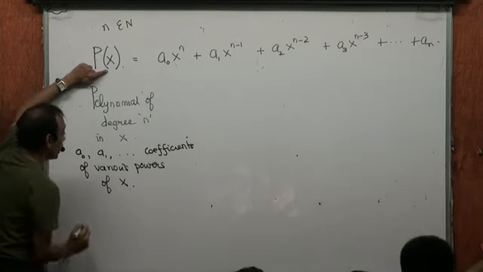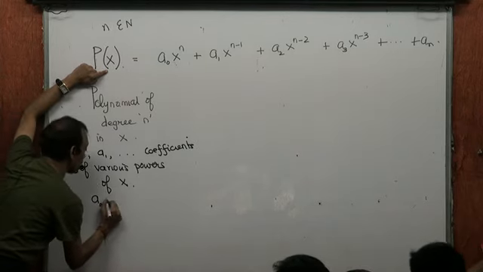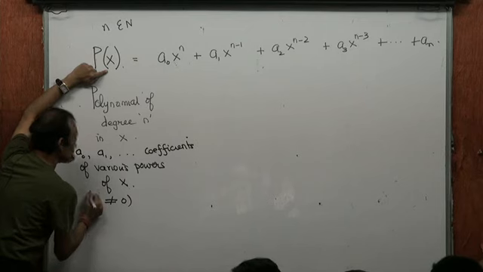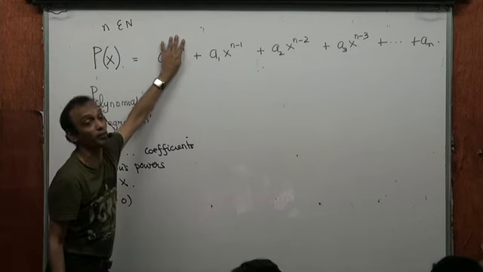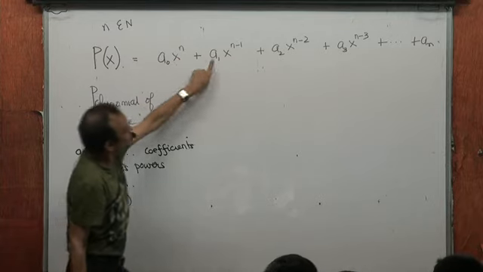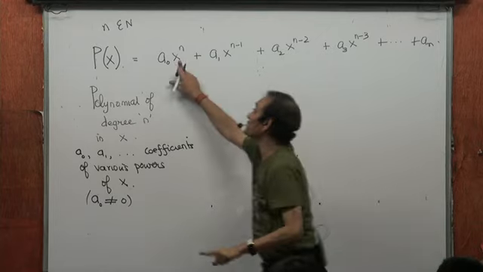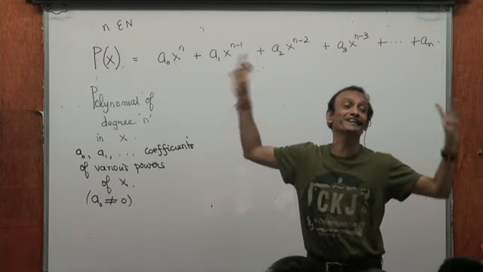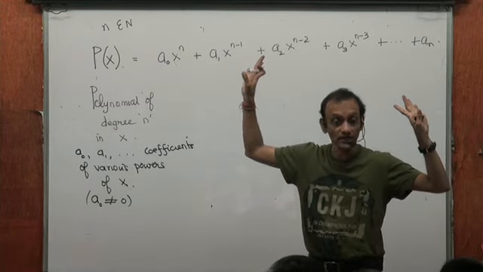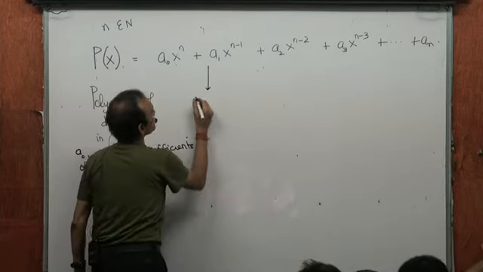And if it's a polynomial of degree n, all coefficients can be 0 except a0. a0 should not be 0, because if a0 turns out to be 0, it will become a polynomial of degree n minus 1. So other coefficients can be 0, but a0 should not be 0. That means the coefficient of x power n should not be 0 in a polynomial of degree n in x. Yes or no?